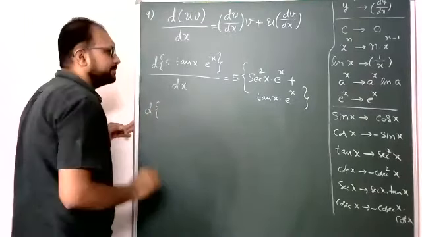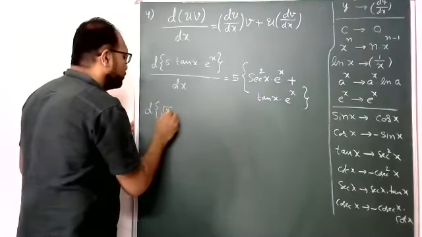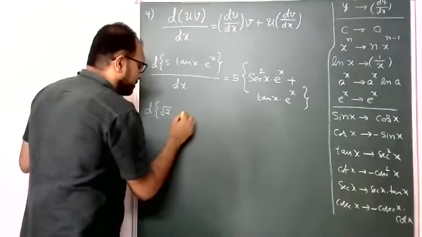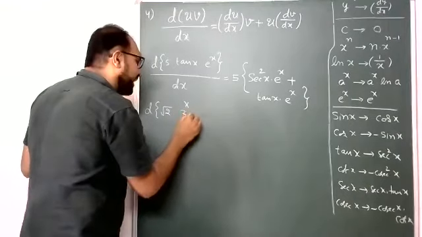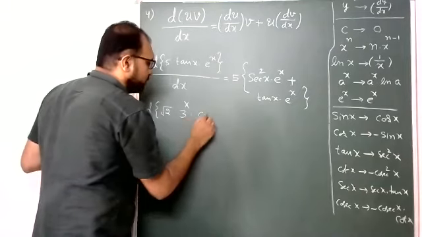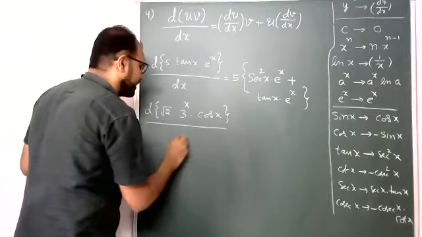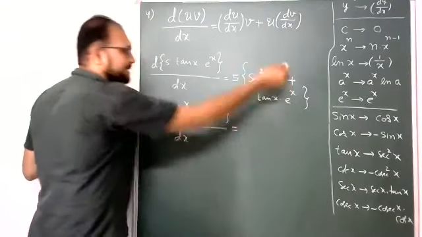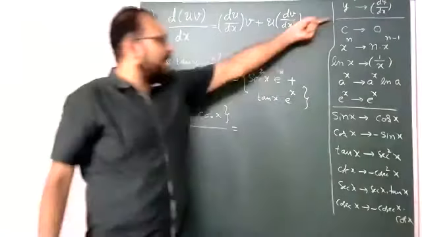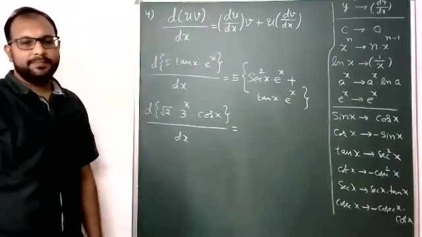Yes, so students, here one more example. Derivative of root 2 into 3 to the power of x into cos x, I am taking with respect to x. Some combinations, because we already know all the familiar derivative equations.